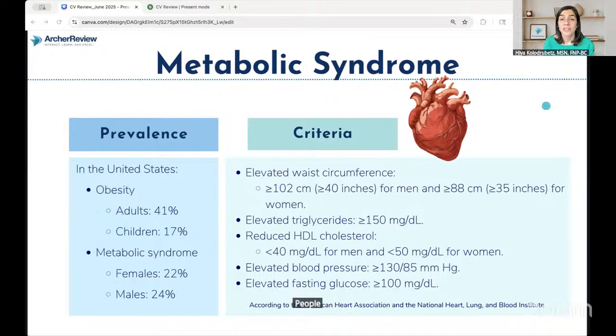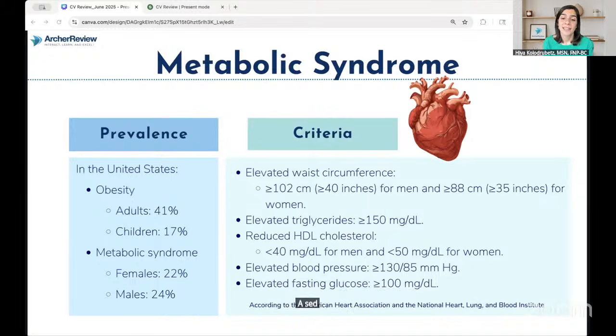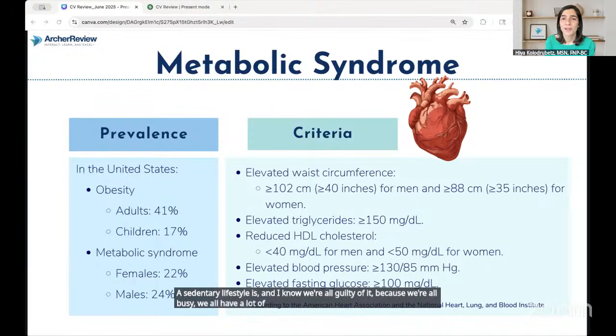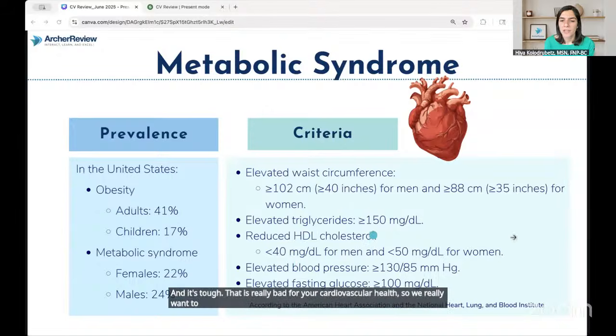Scientists are just starting to understand how bad a sedentary lifestyle is. And I know we're all guilty of it because we're all busy. We all have a lot of work to do in front of computers, I myself, and it's tough. That is really bad for your cardiovascular health. So we really want to get those HDL levels up.